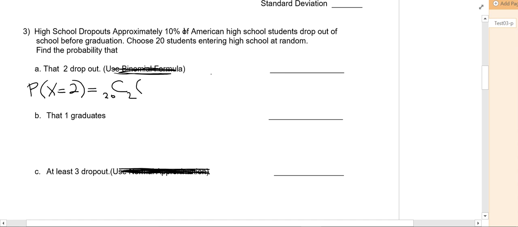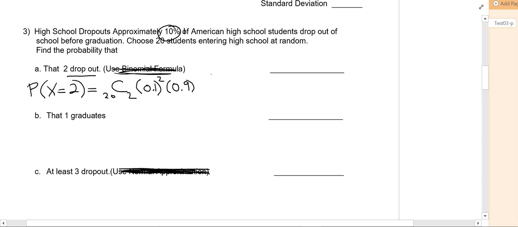Then I multiply that by the probability of what I am counting or what I am selecting. I am counting the number that dropped out. The probability of dropping out is 10%. So 0.1. How many? 2, so I'll raise it to the second exponent. Multiply that by the probability that you're the opposite, you're not dropping out, which is 0.9.